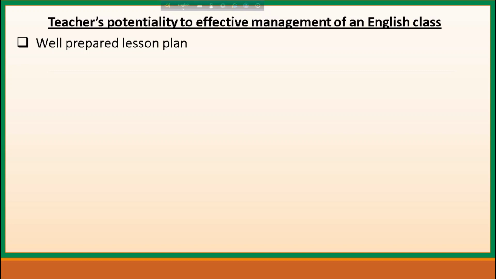In activity 2 we have to arrange a group, and in the same group we have to supply the teachers' potentiality for effective management of an English class. At first we throw the question to our trainee teachers, and they will elicit some points or ideas in their khata, and we accumulate all the points and show them on the board.